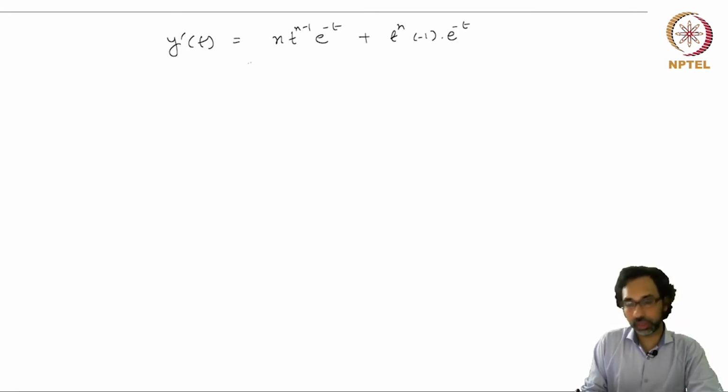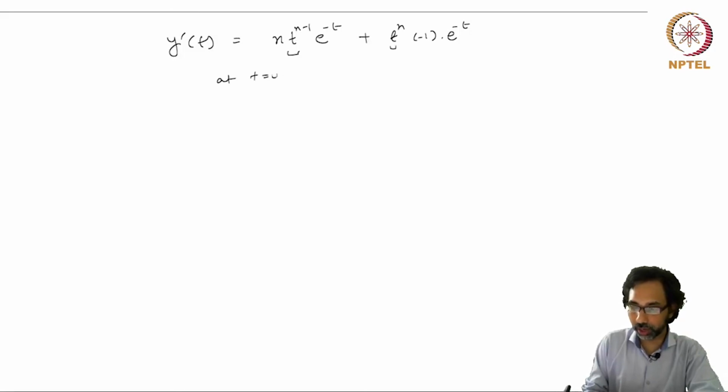So when you differentiate once, you still have a coefficient of t on both terms, which will make the derivative 0 at t equal to 0. So at t equal to 0, y'(t) equals 0.